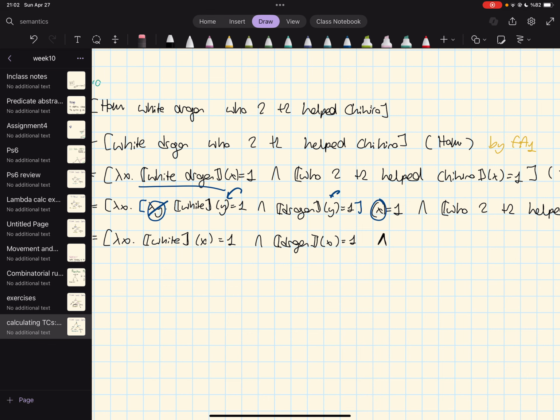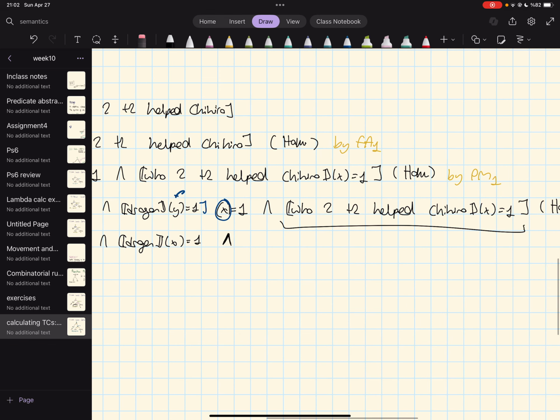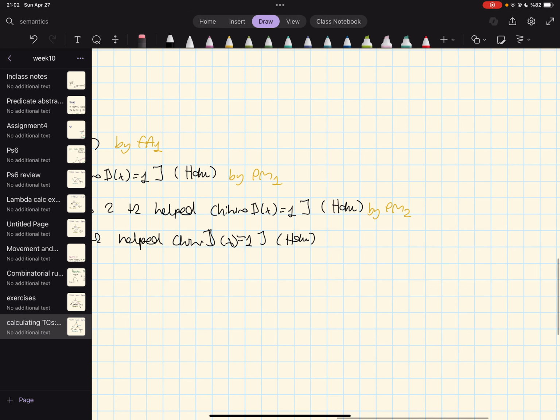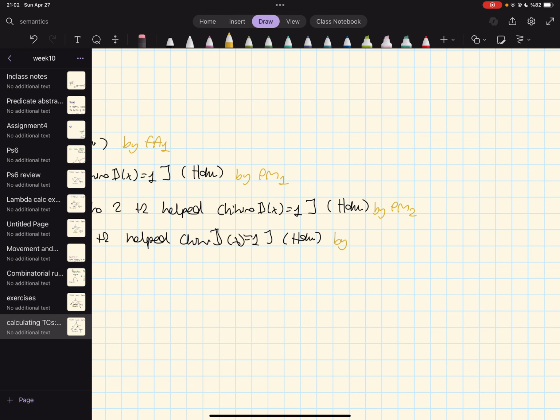And of course, the remaining part, which is who T2 helped Shiro, as well as my argument Haku. This was thanks to lambda elimination.